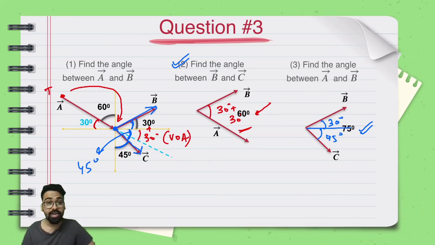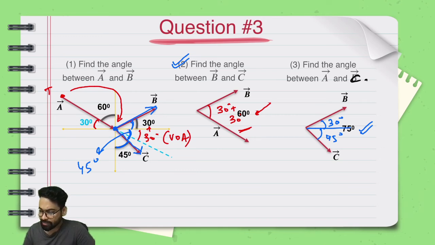You have to find the angle between A and C. Let us say we had to find this angle between A and C. How would you do that? This is a little tricky, because if you see along this blue line, your A vector will go and the C vector will be a little behind that A vector.